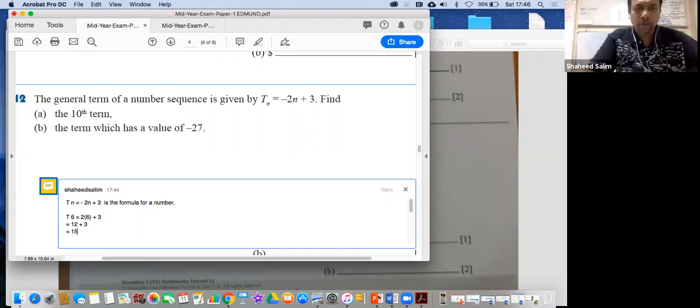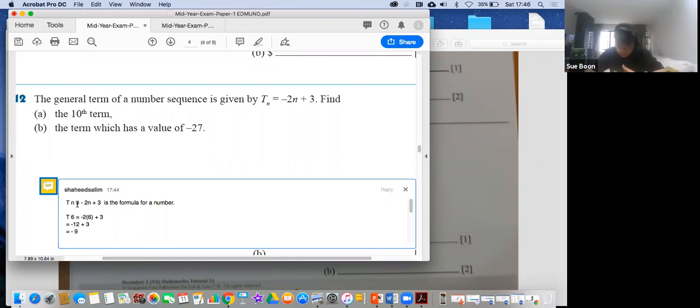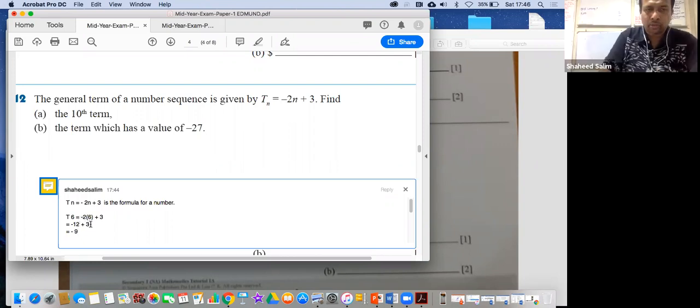Oh, wrong. Sorry, mistake. Sorry, there's a minus here. Minus times plus is minus. Sorry, I didn't see the minus, so sorry. So this one will be -9. Can you see the minus here? There's a minus down here. So we need to put a minus in front. -2 times 6.